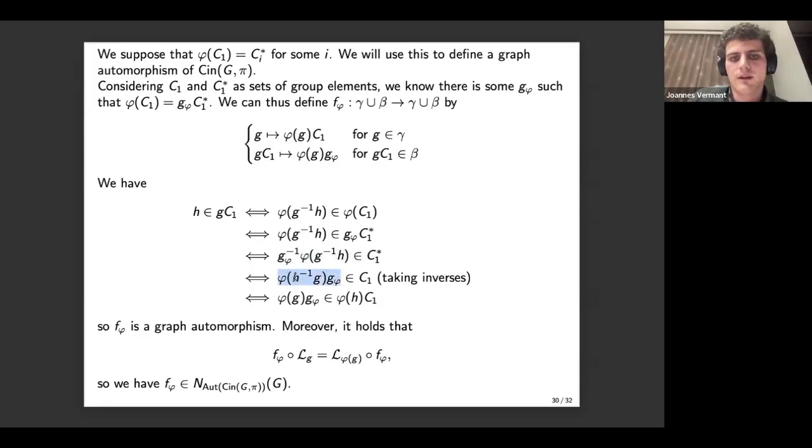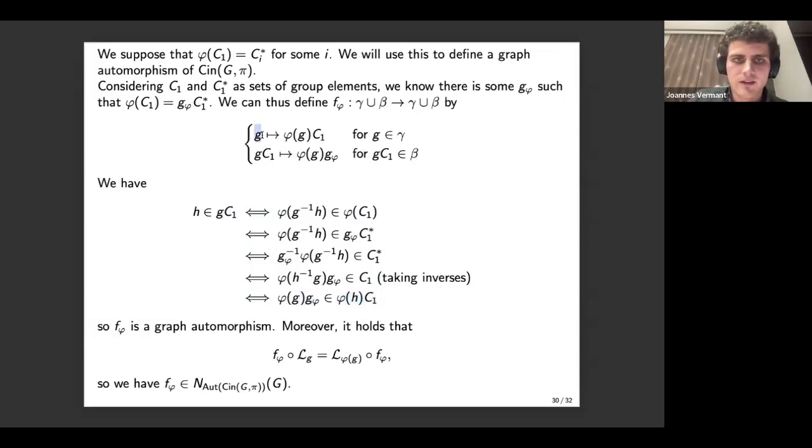So we get that phi of H inverse times G phi is an element of C1. And this is then equivalent to saying that phi of G times G phi is an element of phi of H times C1. So we see that H is an element of G times C1 if and only if phi of G times G phi is an element of phi of H times C1.